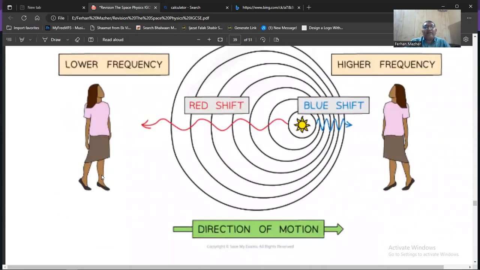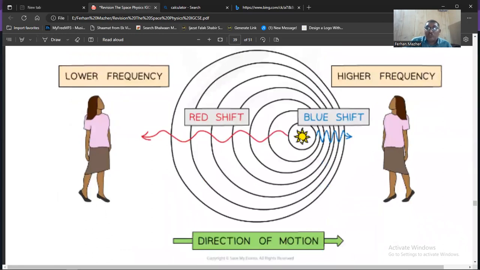Here, if the source which is producing the waves is moving towards the observer, this observer, for example, will receive the waves with a smaller wavelength and higher frequency than the original one. This observer, from whom the source is moving away, will receive waves with a larger wavelength and a smaller frequency.